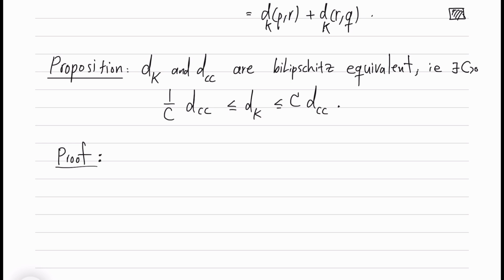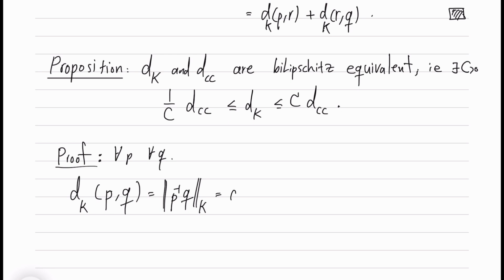Let's look at this very carefully. Take any 2 points, P and Q. Now dk of P from Q, by definition, let's write the definition, is the Koranyi norm of P inverse Q, and that is dk of P inverse Q from the origin.